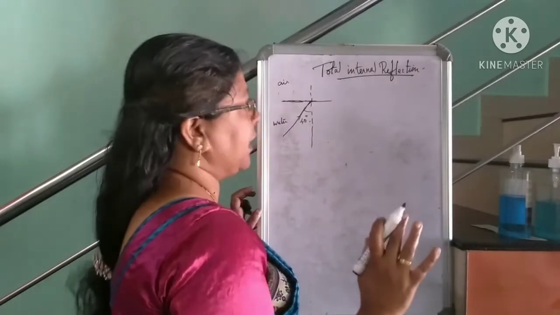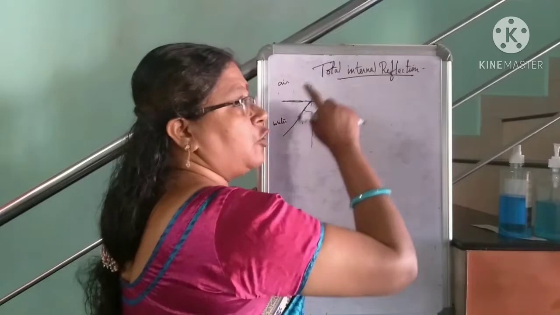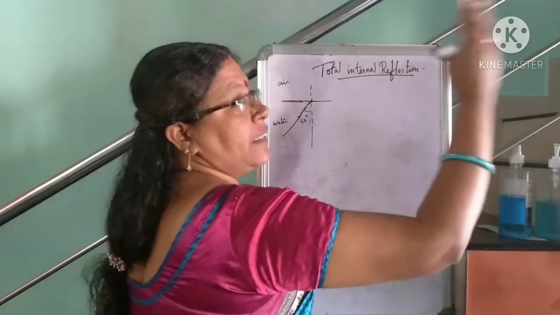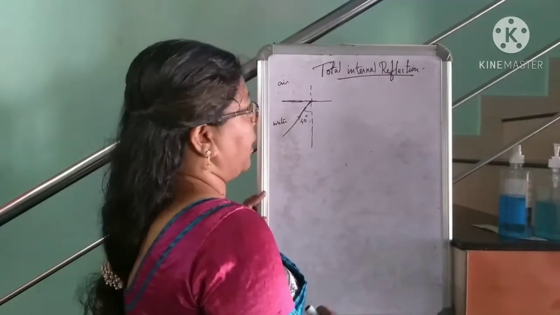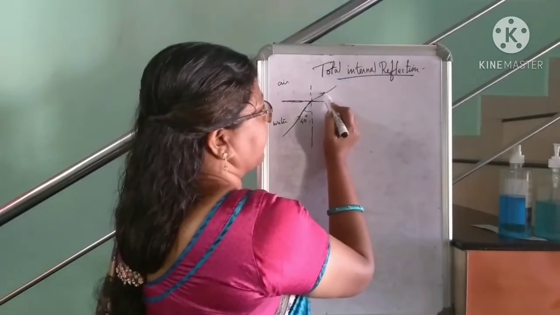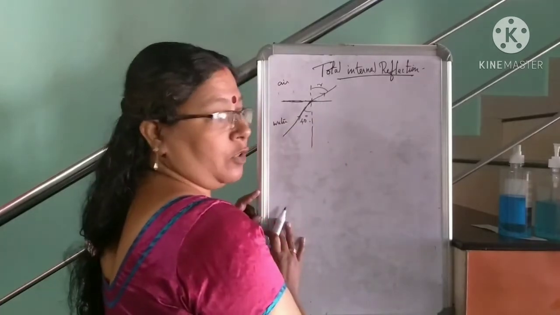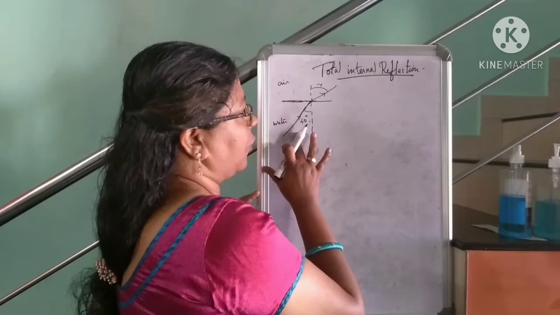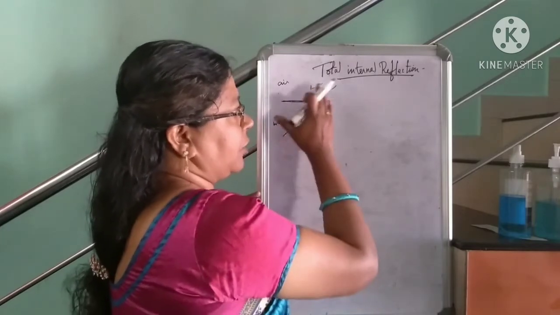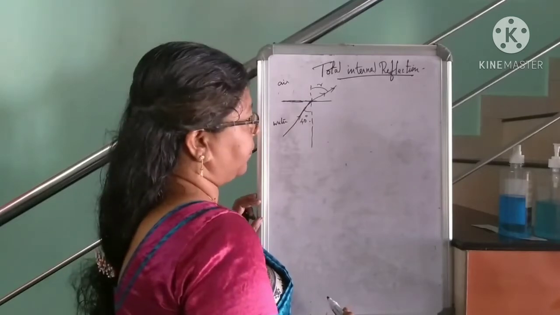We have earlier studied that when a ray of light passes from a denser medium to a rarer medium, it deviates away from the normal. Here also, it deviates away from the normal like this. So this is the angle of refraction. When the angle of incidence is 40 degrees, the ray of light is refracted like this.